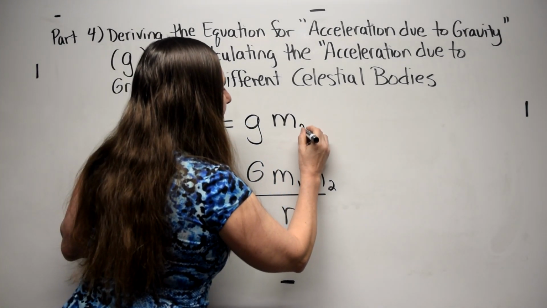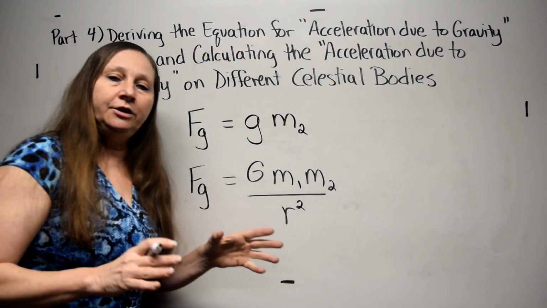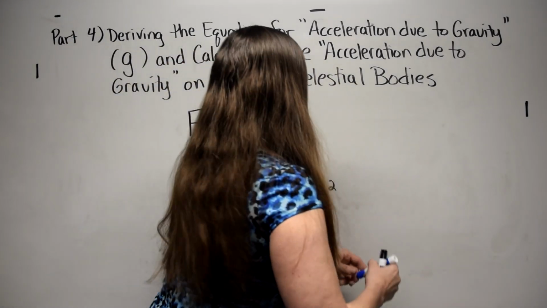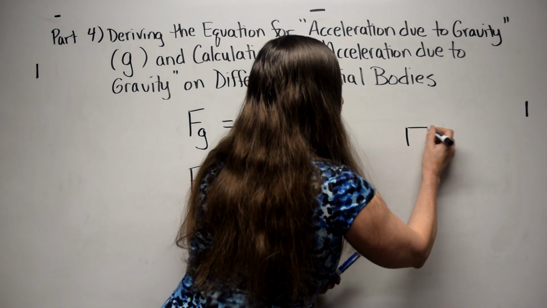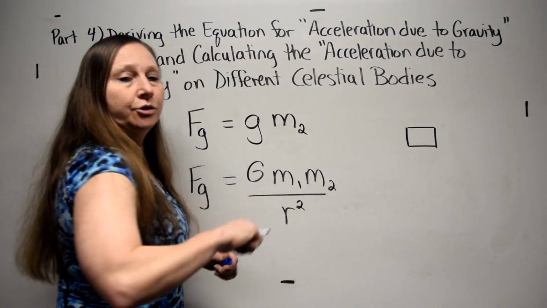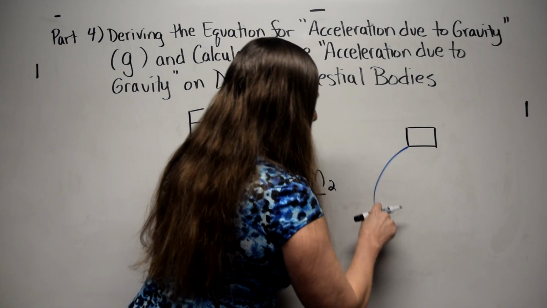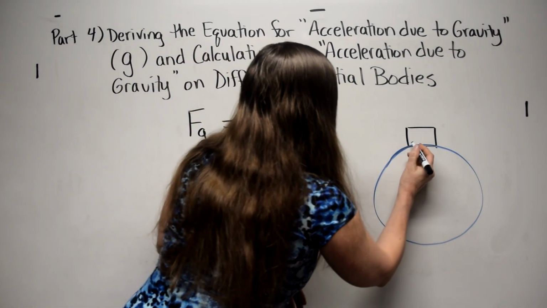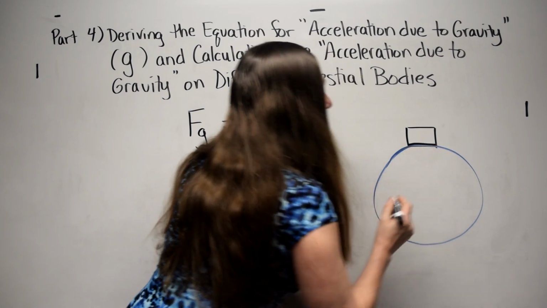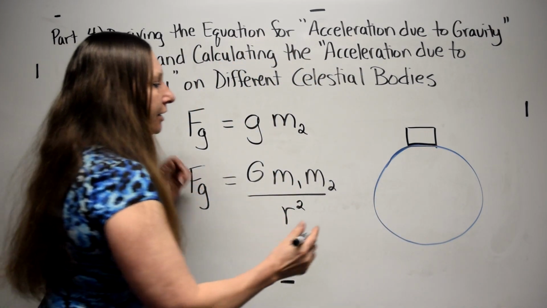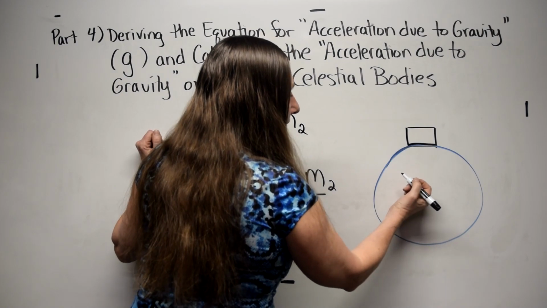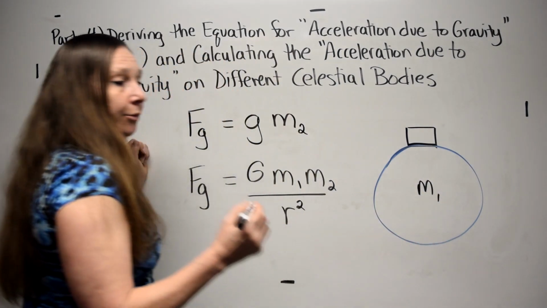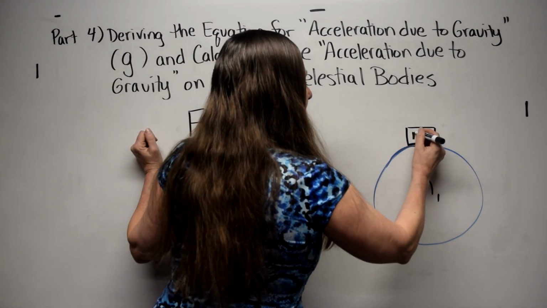Now, I'm going to call this m2, because what I'd like to do is take an object, like a box, and rest that object on the surface of a planet, like, for example, the Earth. For this video, I would like to call the mass of the celestial body m1, and the mass of the object m2.